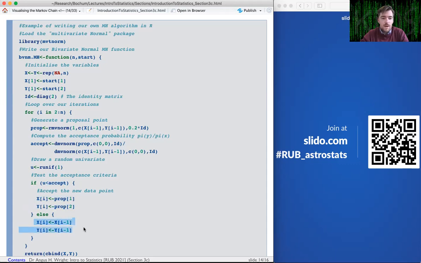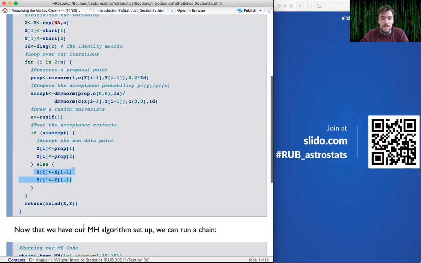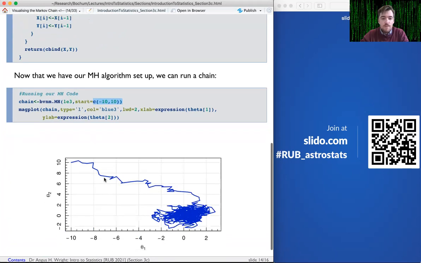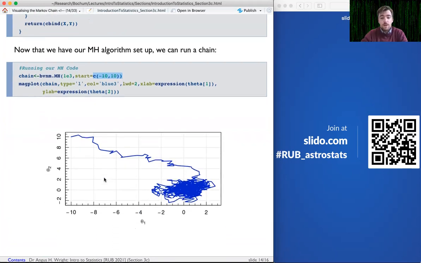Otherwise, we stay where we are. And that's it. We have the Metropolis-Hastings algorithm coded up, and we can run it. We can run 10,000 steps with a starting point of minus 10, 10, and then plot the chain. That's our Metropolis-Hastings samples from this distribution, and we end up with something like that.